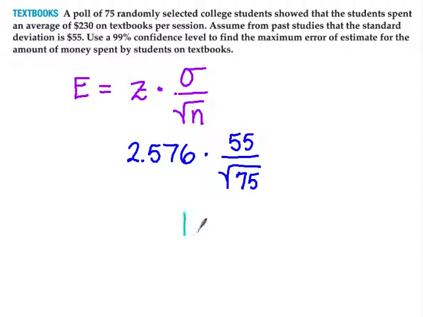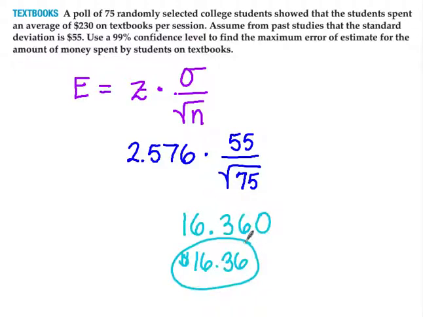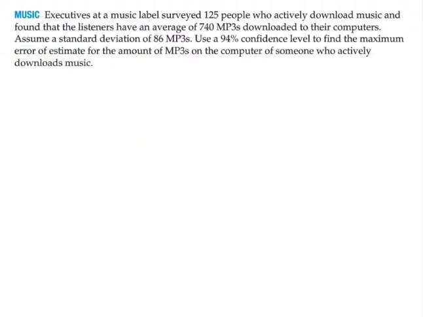I want to go to 3 decimal places, please. 16.360. Good. So the maximum error of estimate for the amount of money would actually be $16.36. All right, questions? Let's look at the next example.